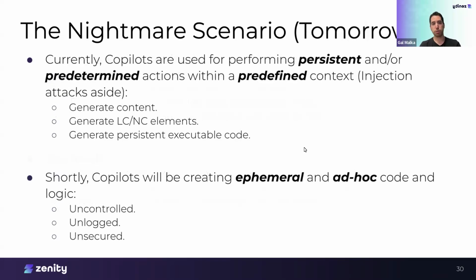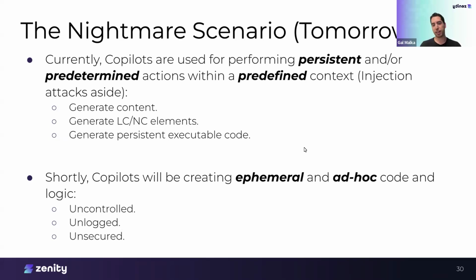But this is only today, because today Copilots are predetermined. They act on top of predefined context, and their purpose is, for example, to generate content, maybe generate code elements or executable code elements like GitHub Copilot and so on.